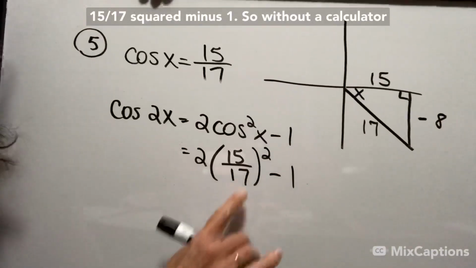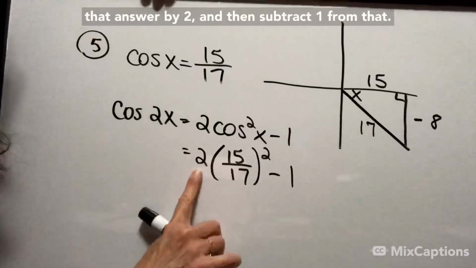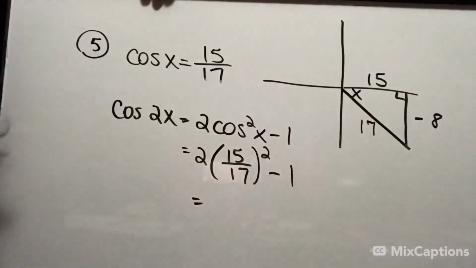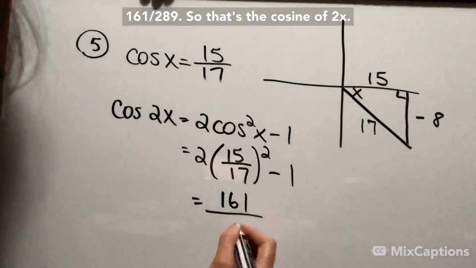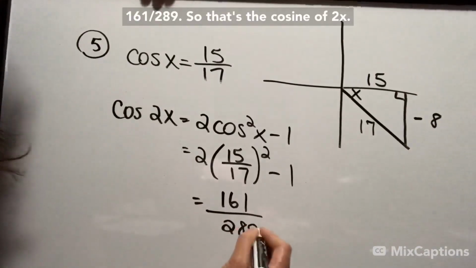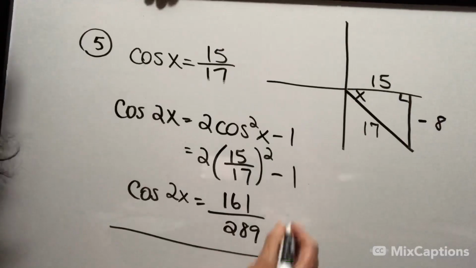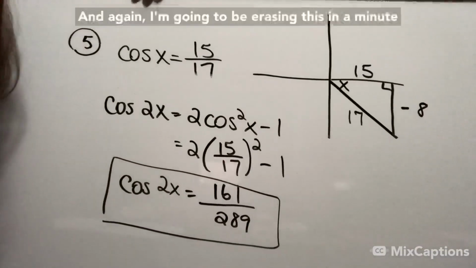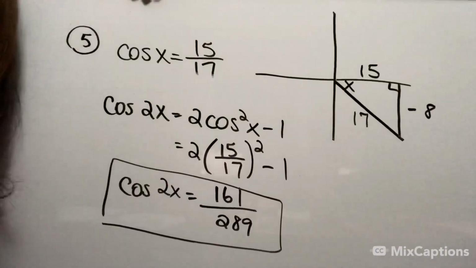So without a calculator, you would do the fraction squared first, multiply that answer by 2, and then subtract 1 from that. So if you were to do that, you would get 161 out of 289. So that's the cosine of 2x. And again, I'm going to be erasing this in a minute, so pause and catch up if you need to.